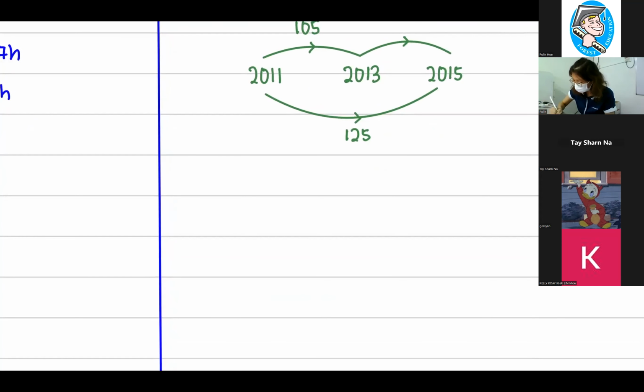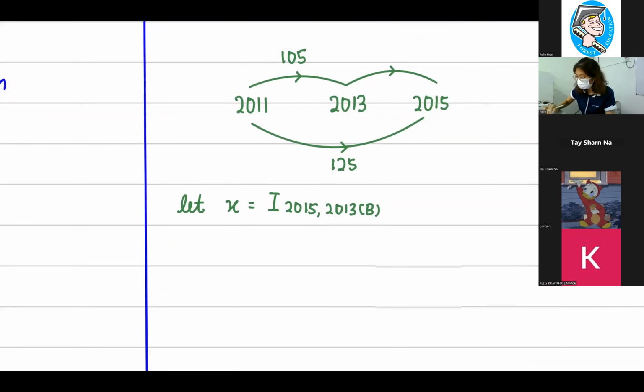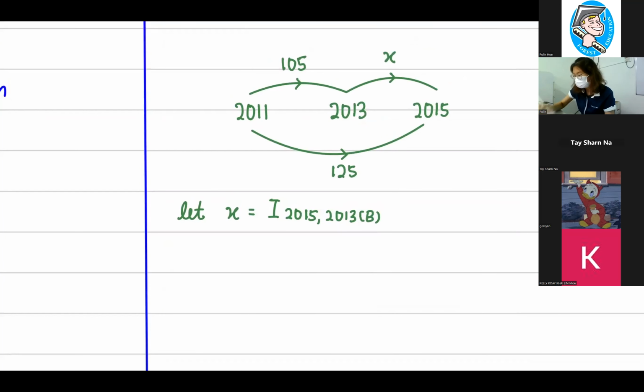Let X be the price index in 2015 based on 2013 for item B. You use the unknown that is not given in the question.